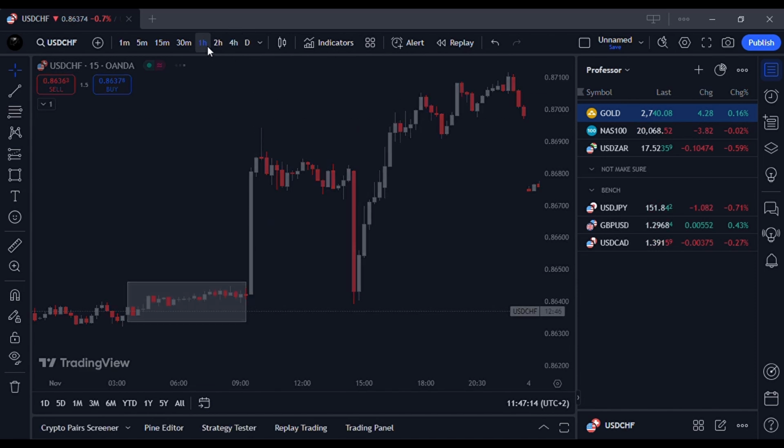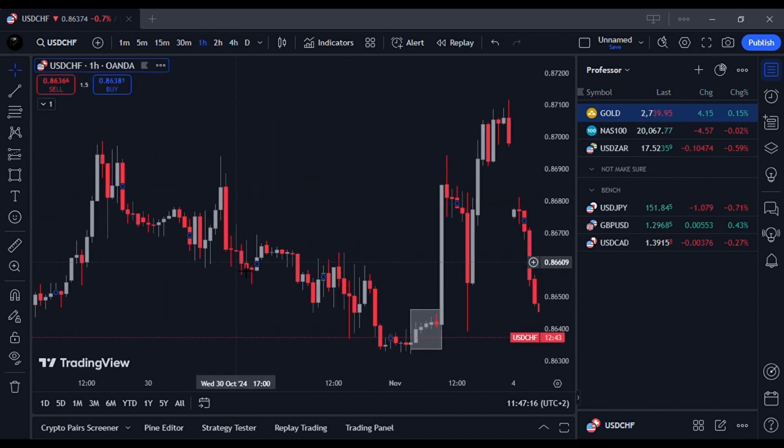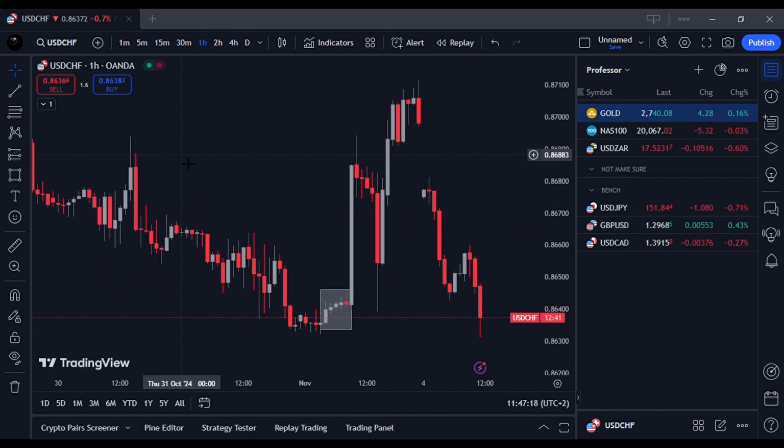Did it break the structure? Okay, let's see. Yes, it kind of did break this high. Then it went down. This movement is called a retracement. It retraced to those imbalances over here. Afterwards, it tapped there, filled the imbalances, then continued to go up.